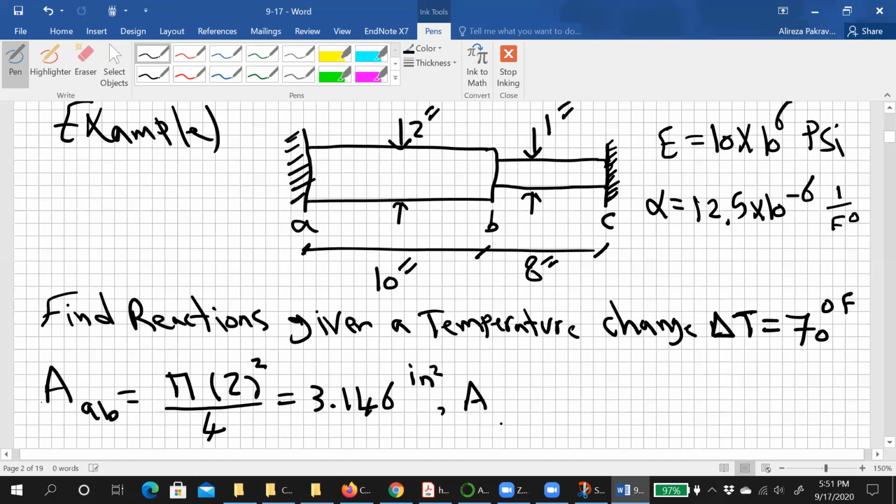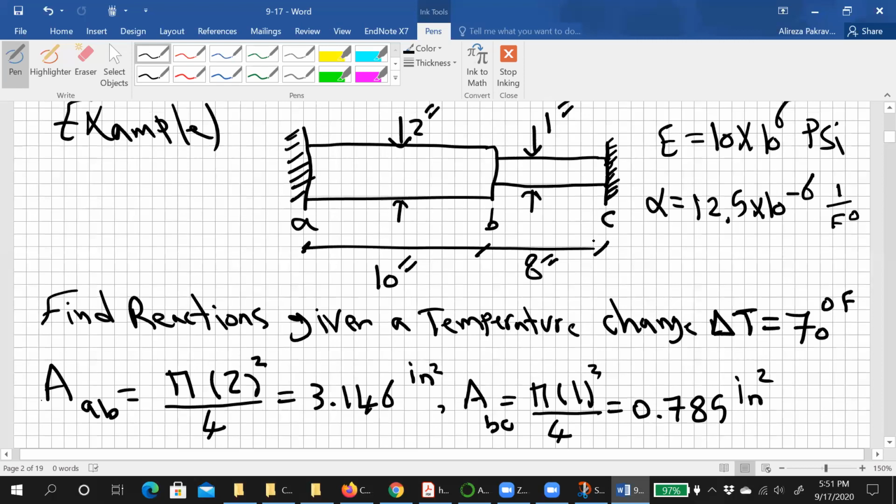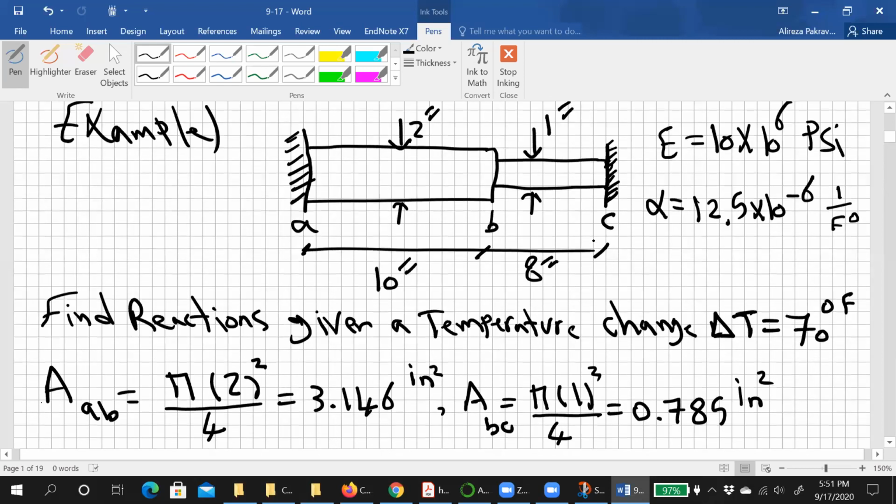And for BC is pi, this would be 0.785 inches square, right? So again, it's indeterminate.